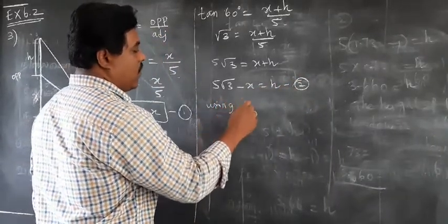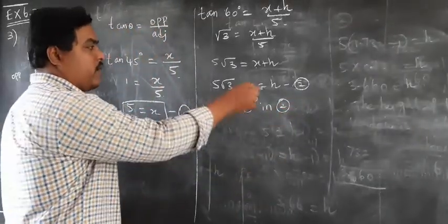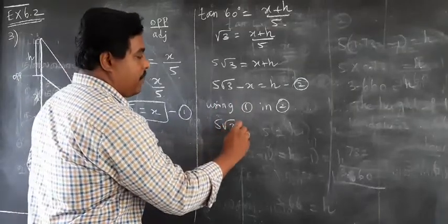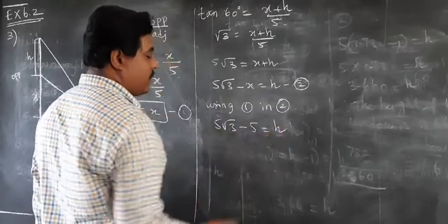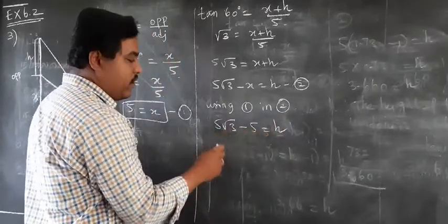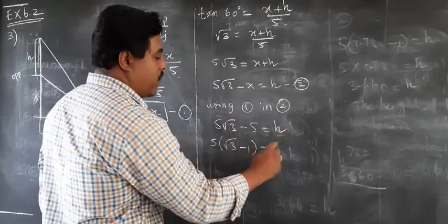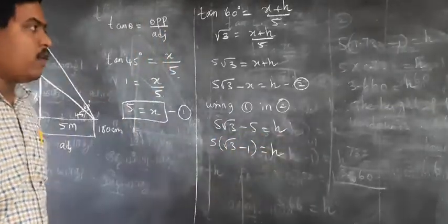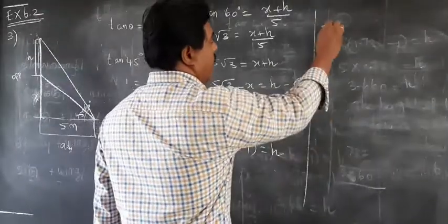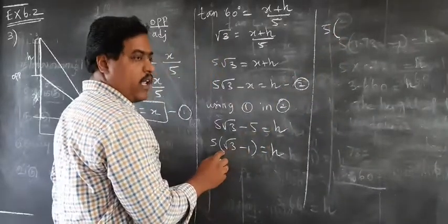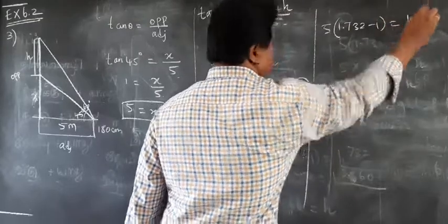Using 1 in 2, that is, I substitute x equals 5 into 5 root 3 minus x equals h. So 5 root 3 minus 5. Both are 5, so I take 5 as common. Root 3 minus 1 equals h. Root 3 value is 1.732. So 5 into 1.732 minus 1 equals h.